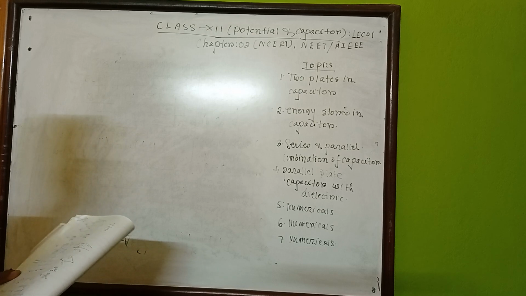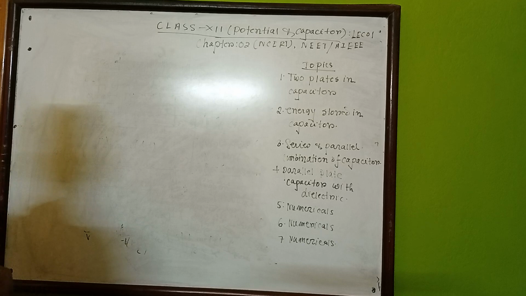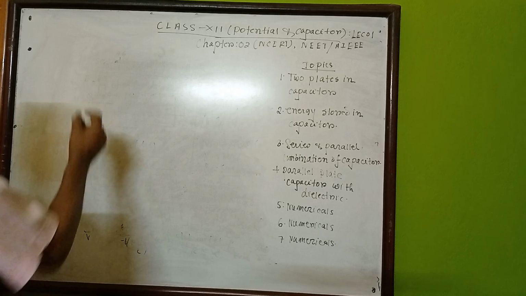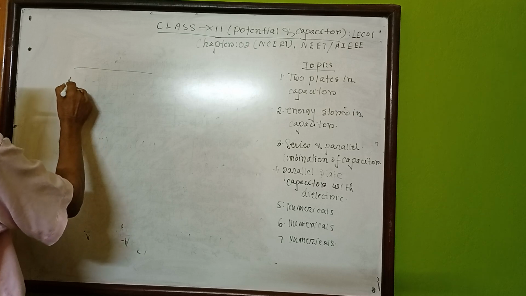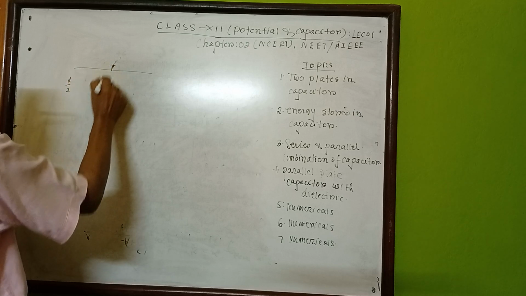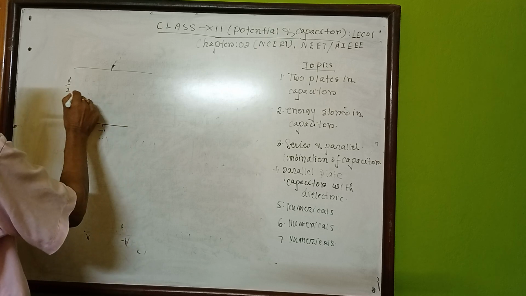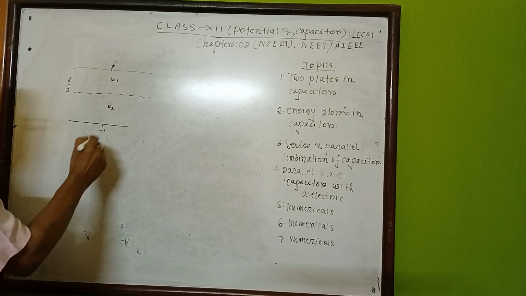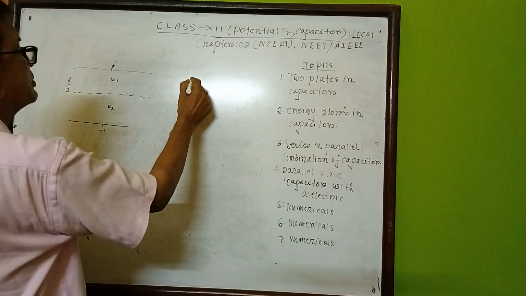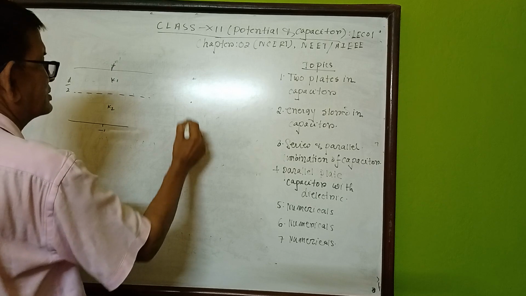Suppose two dielectrics of the same area, thickness is d by 2 each, plus and minus, it is a common problem. It is K1 and K2. Now this plus, this is a common line, this is minus.